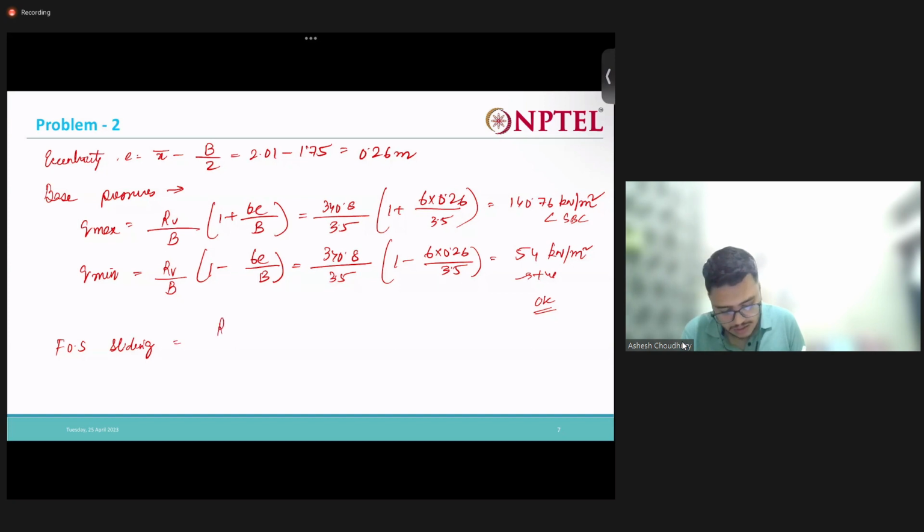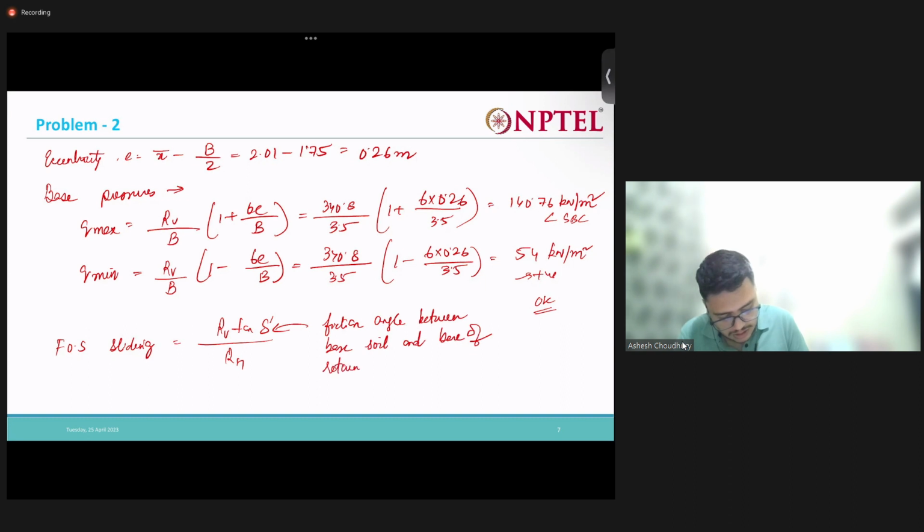Equal to RP tan delta dash by RD. So this is the friction angle between base soil and base of retaining wall, given as 2 by 3 of phi.